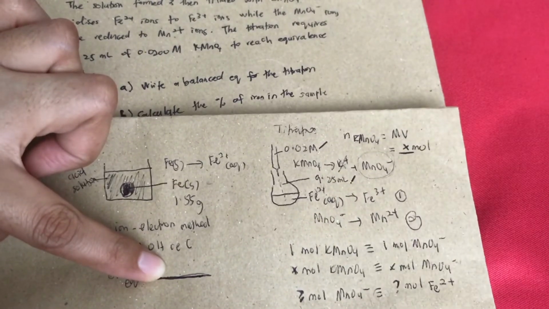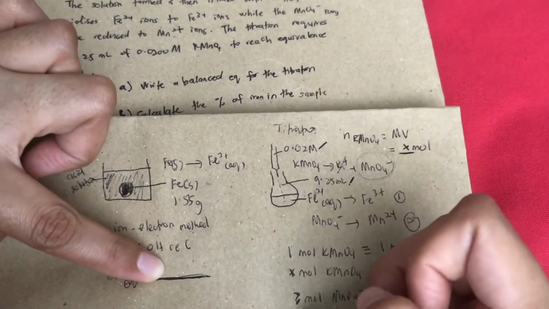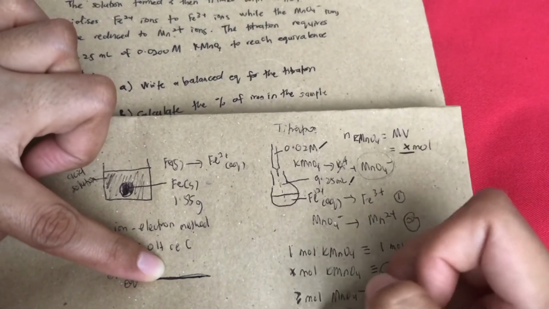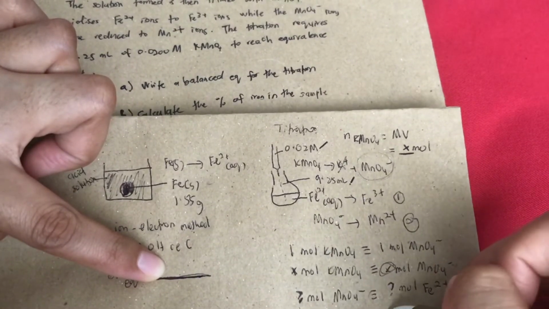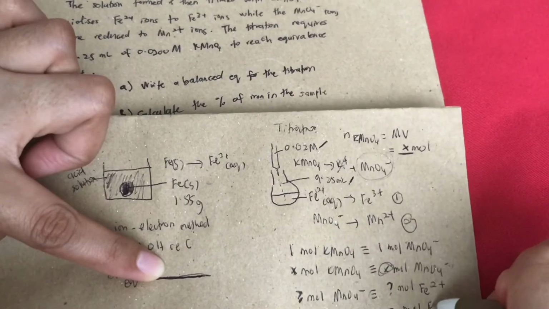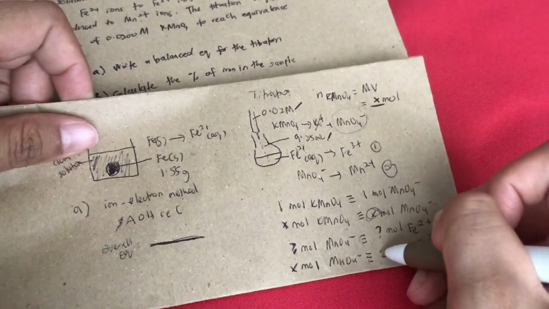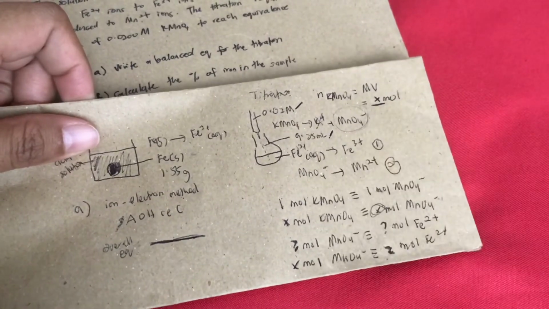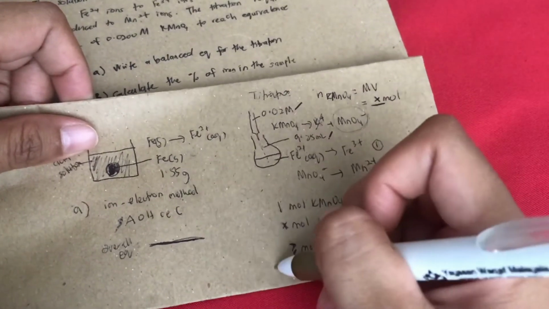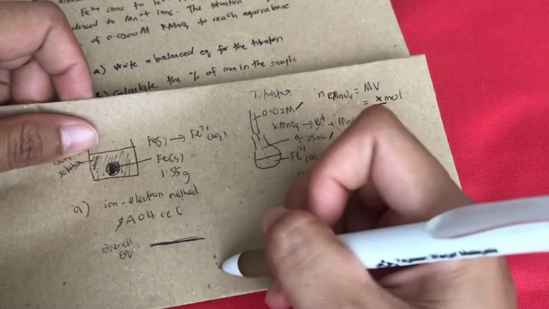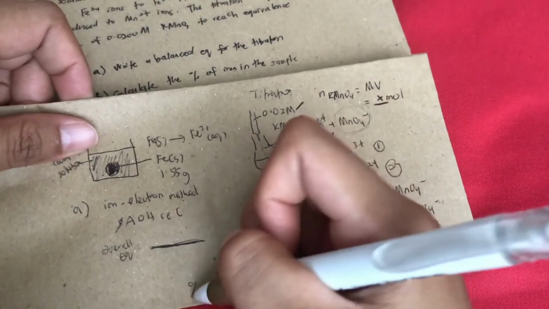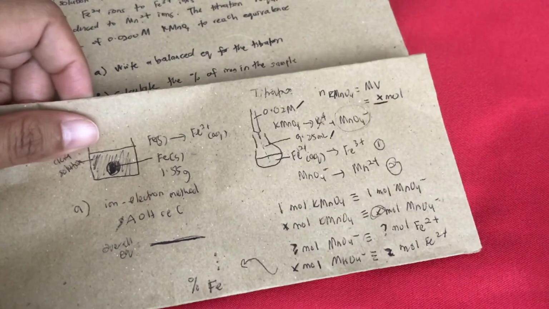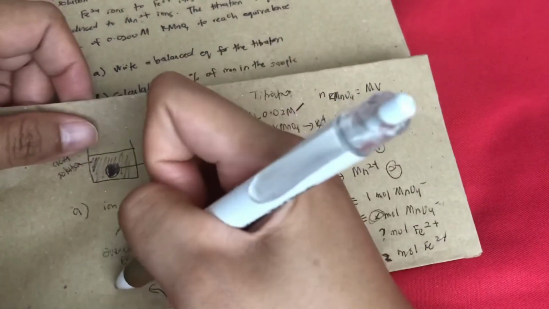So this x mole of MnO4- is equivalent to, let's say, z mole Fe2+. From here you can calculate z. Just continue your calculation so that you can get the percentage of ferrum by using the formula of percentage yield.